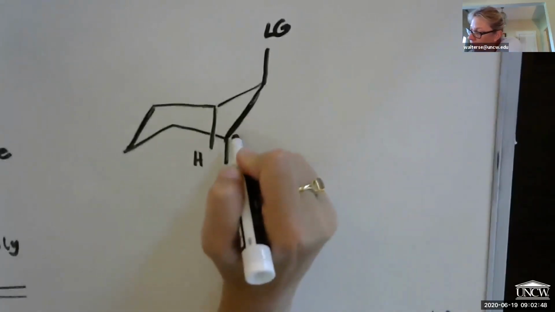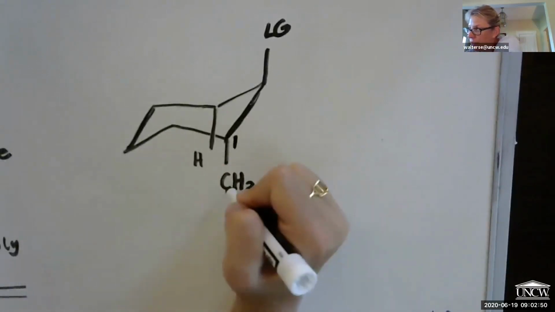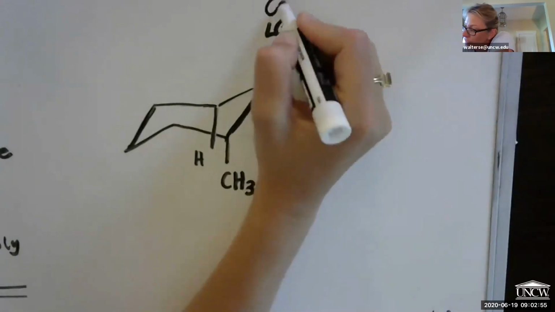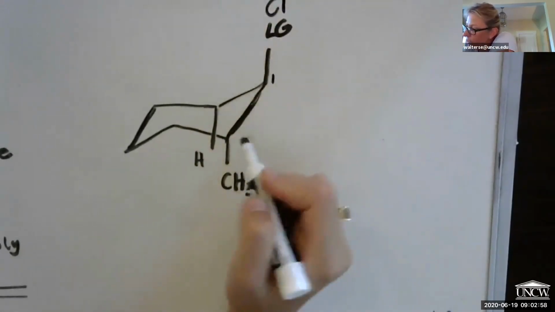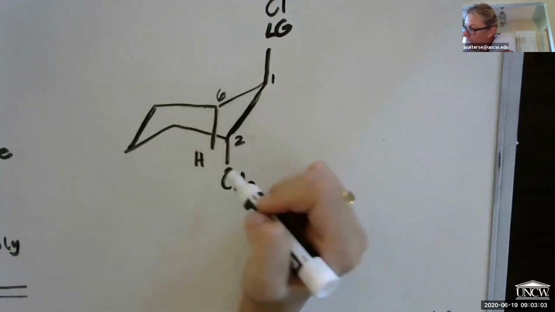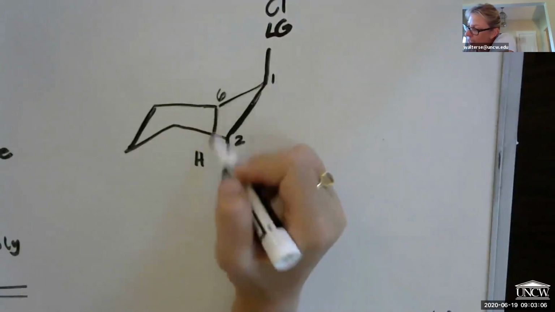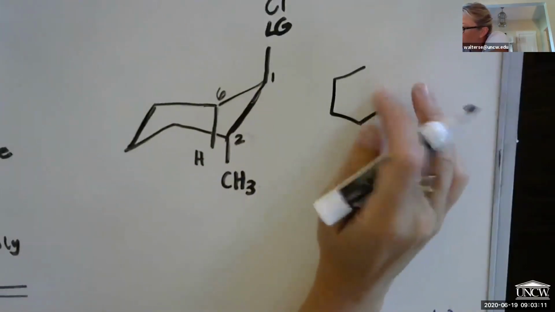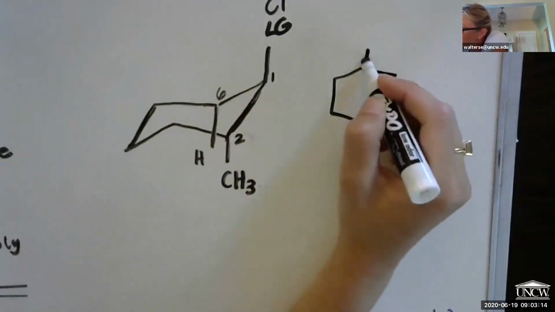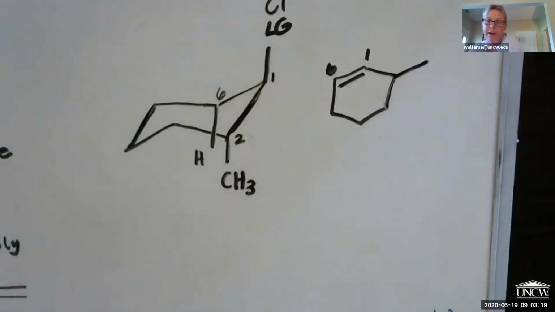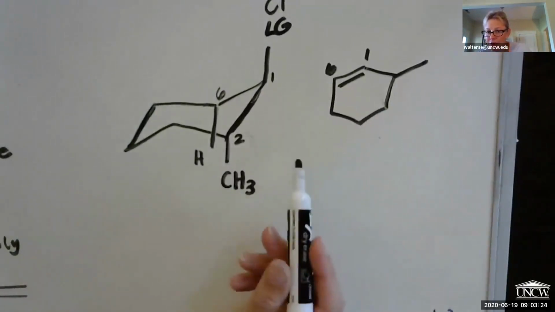So if this is a good leaving group like chlorine, this would be carbon 1, this would be carbon 2, this would be carbon 6. The elimination would be between 1 and 6 because they're anti-periplanar. So if this is 1 and 6, where the pi bond goes, then you would have to put the methyl group on carbon 2. So it's going to depend on how it's shown.